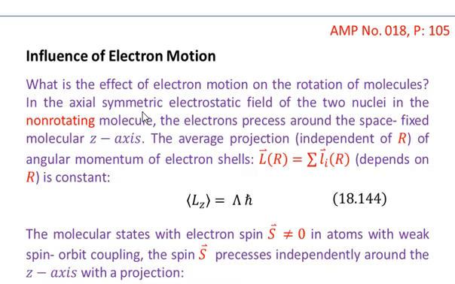In the axially symmetric electrostatic field of the two nuclei in the non-rotating molecule, the electrons precess around the space-fixed molecular z-axis. This is what we have already determined in one of the previous lectures of the series. The average projection, which is independent of capital R, of the angular momentum of the electron shell.